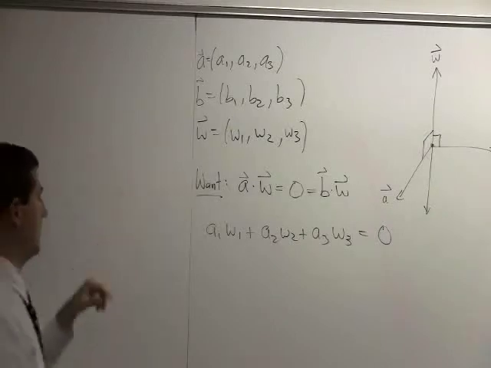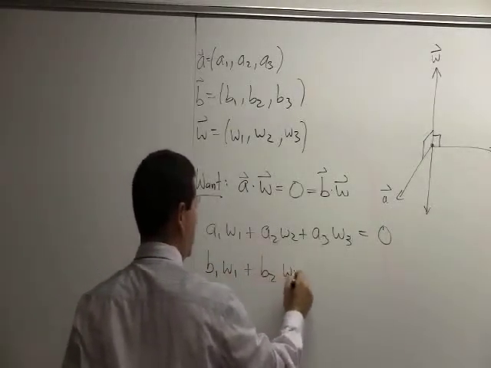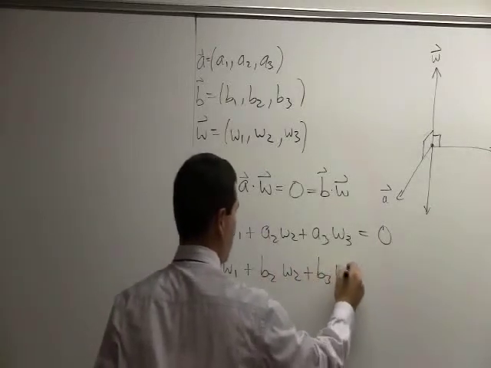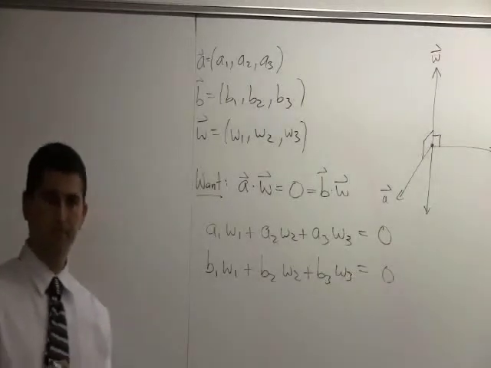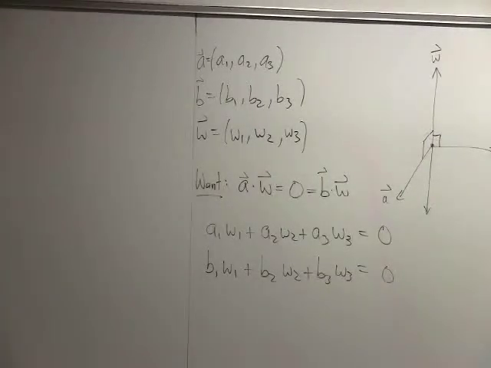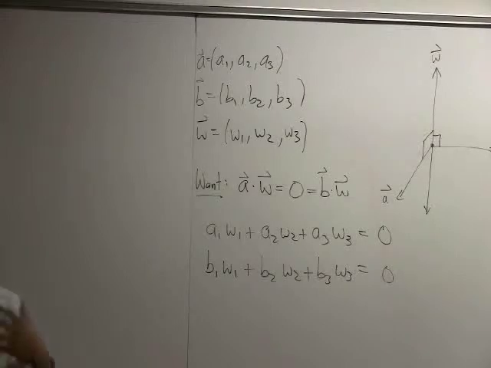And the same thing with the B's. B1 W1 plus B2 W2 plus B3 W3 equals 0. So I have a system of two equations with three unknowns.